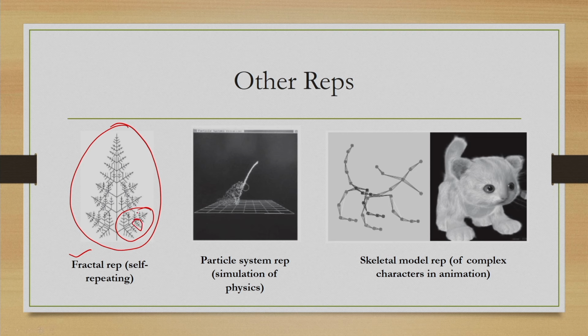So, it is a self repeating structure which is represented using fractal notations. So, fractal representation is one useful representation, and in nature we get to see lots of objects that are actually self repeating, where fractal representation is very useful.